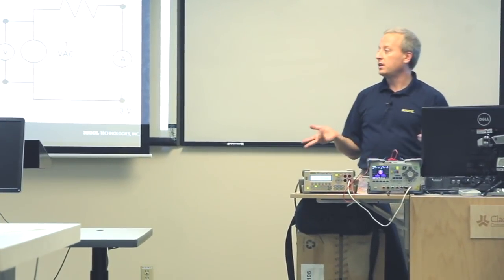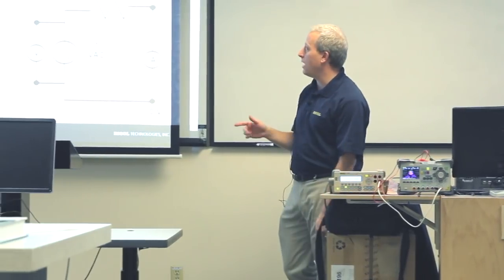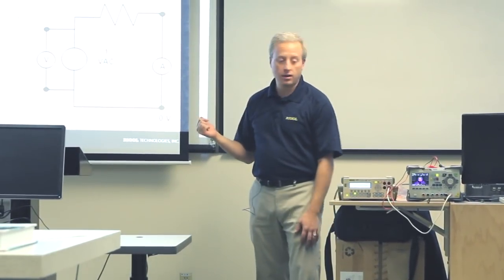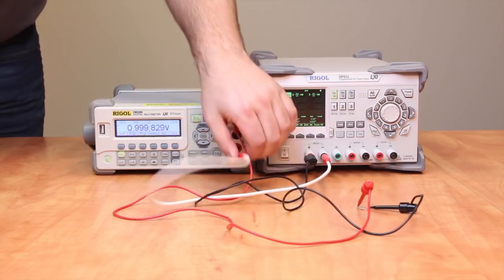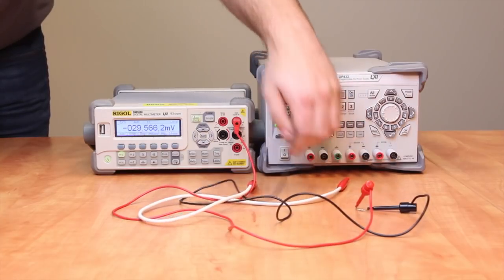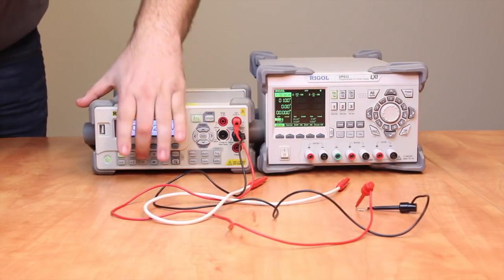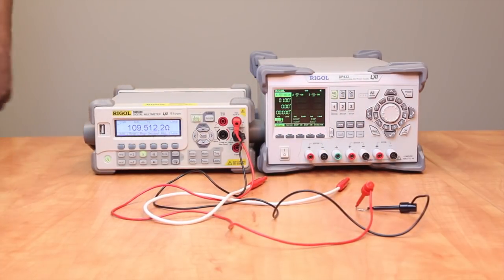Because of this capability, the third way we can use a DMM to make measurements relevant here is as an ohm meter directly. So we can take the power supply out. We can switch it over to ohms and just measure directly across the resistor, and it tells us that this is 100 ohms.